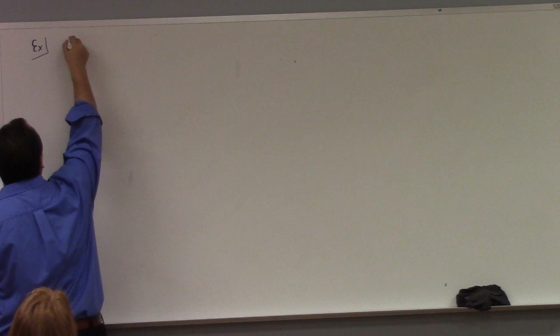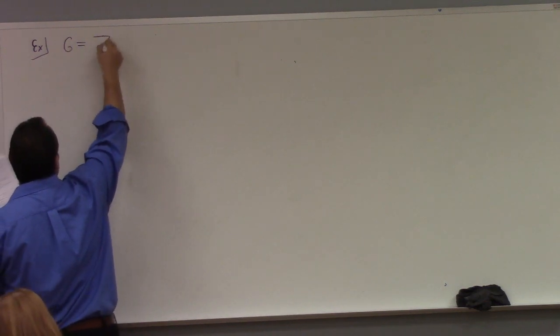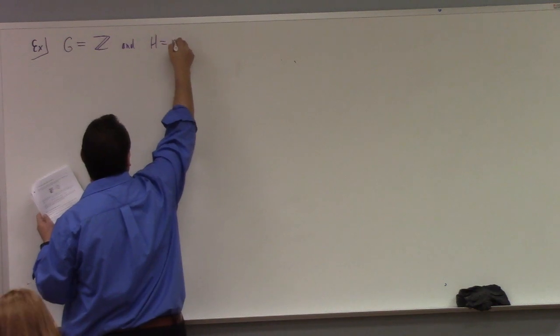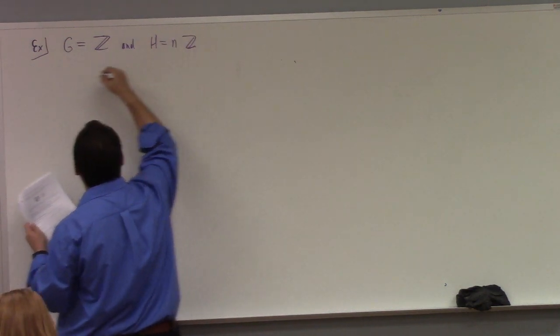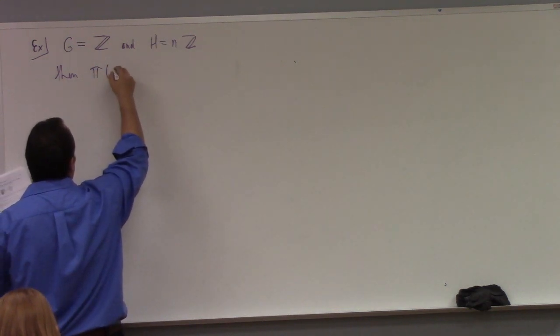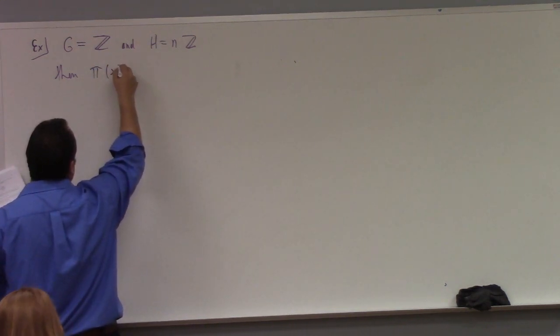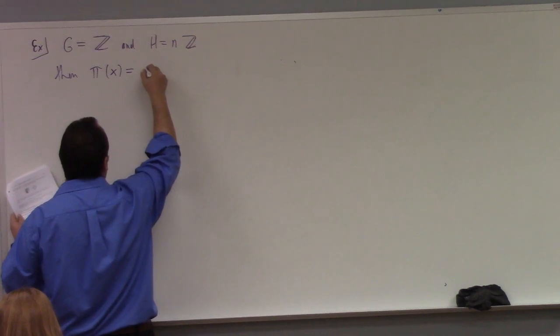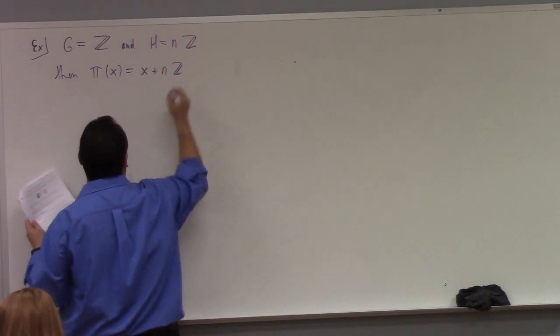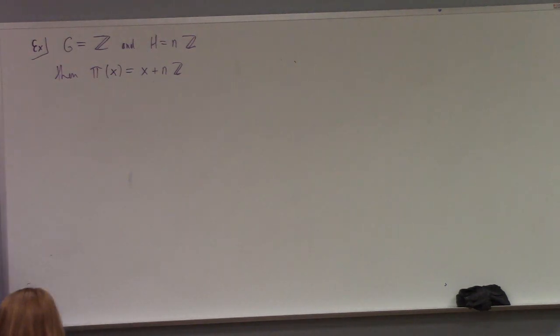If we look at G equal to the integers and look at the subgroup H equals nℤ, then the natural map π of x is just x plus nℤ, because it's additive.